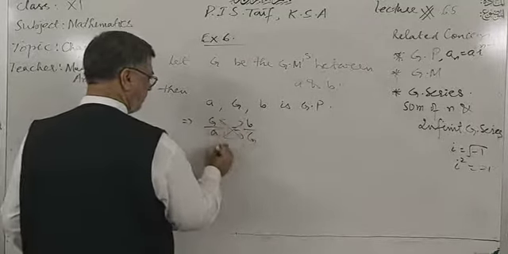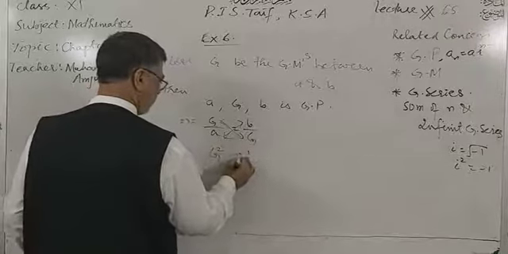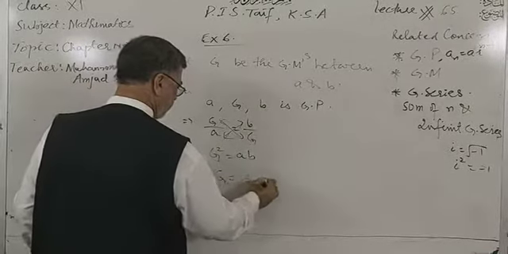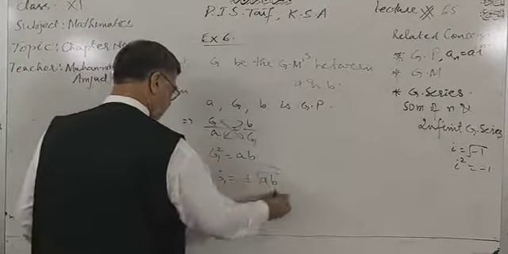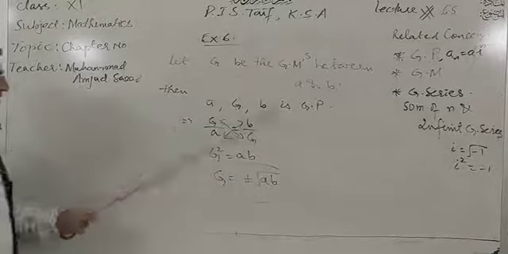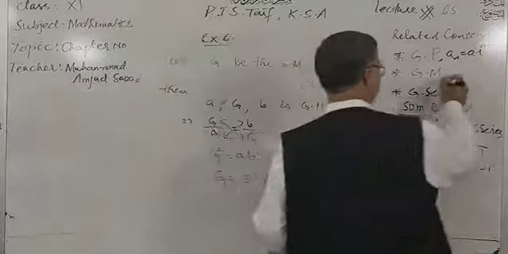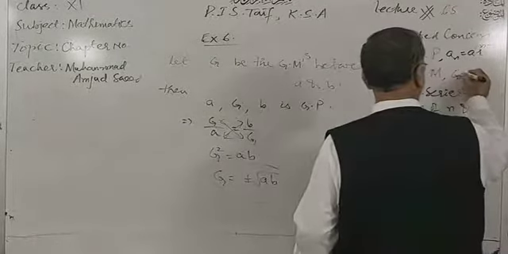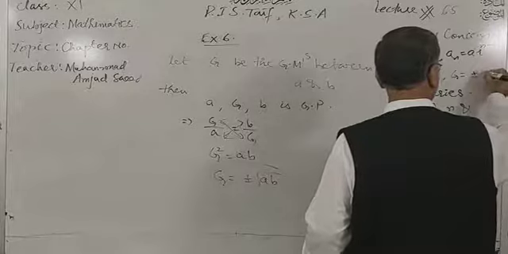By cross multiplying, G square is equal to AB and G is equal to plus minus under root AB. Dear students, this is the formula for the geometric mean between two terms. G is equal to plus minus under root AB.